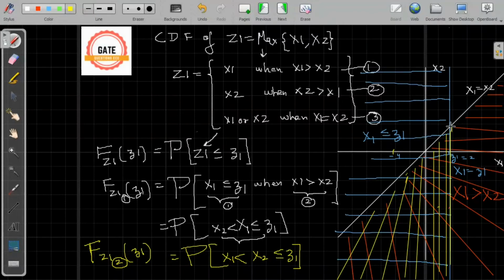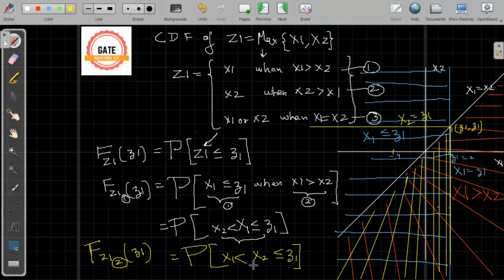At this point it is z1 comma z1. So here x2 is z1. So let me draw a line here. The x2 equal to z1 line is this line, which is parallel to x1. So this is the x2 equal to z1 line.